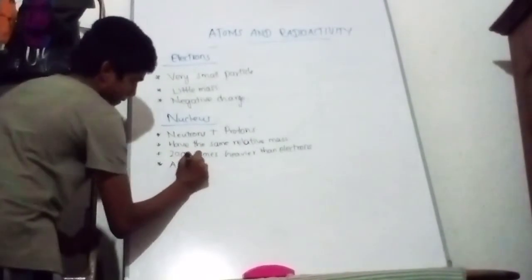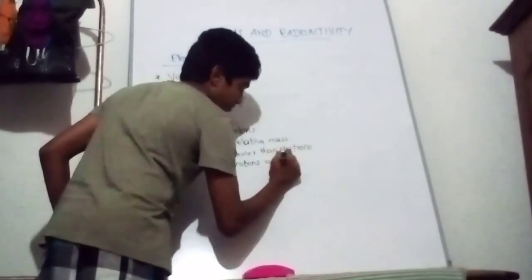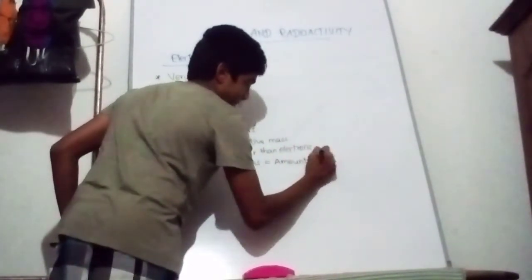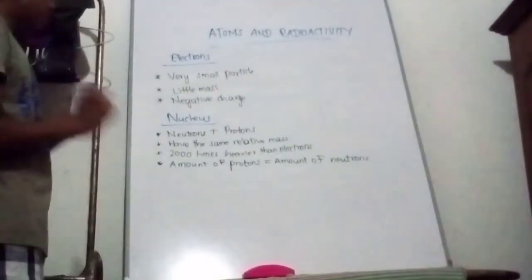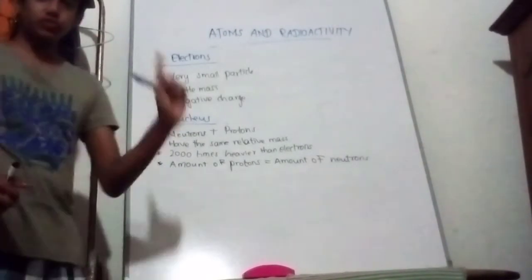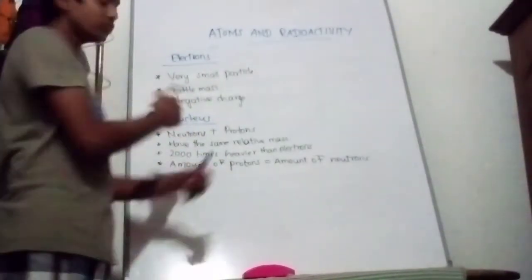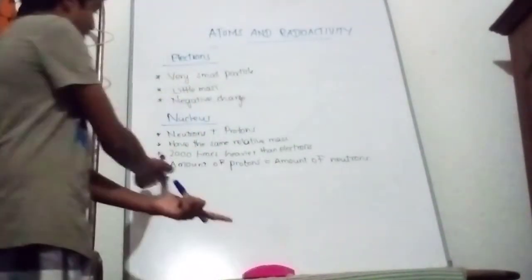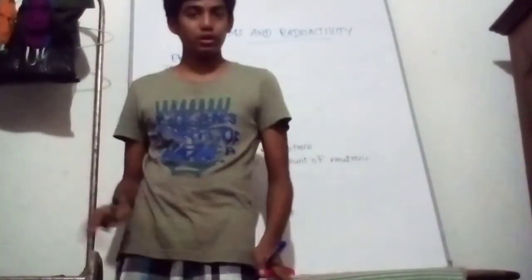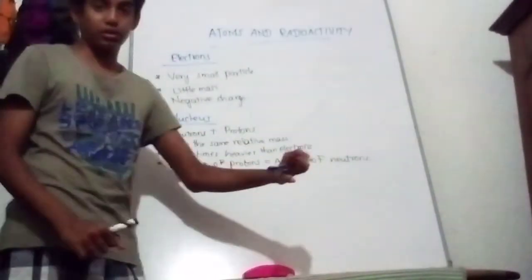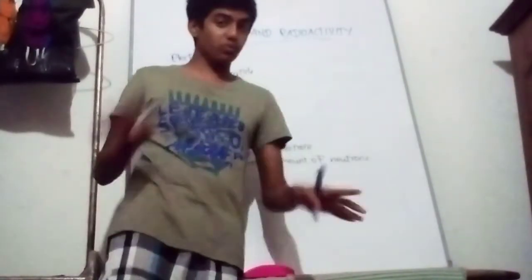The amount of protons is equal to the amount of electrons, but the charges are not equal. That means, if there are 4 protons, there are 4 electrons too, so that's equal.